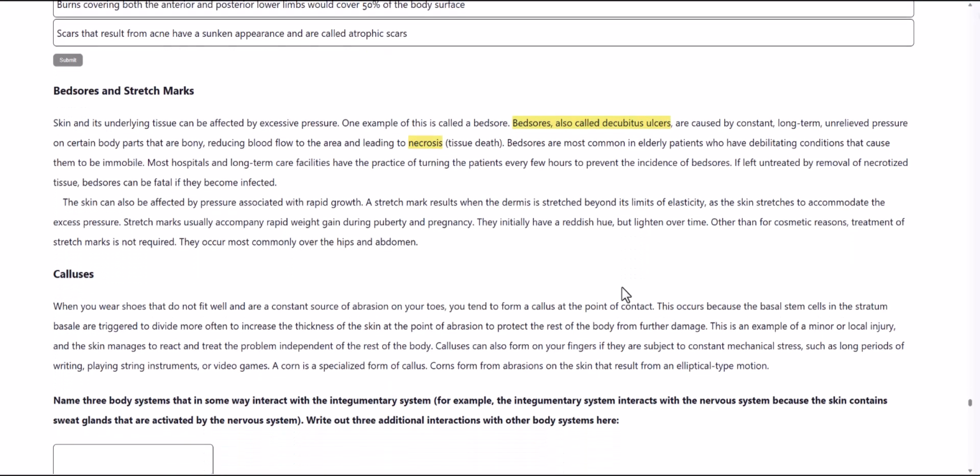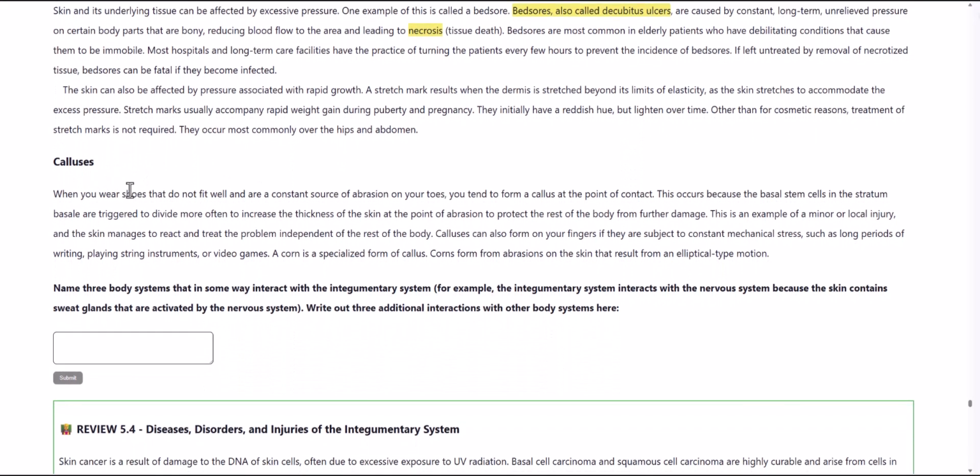And then finally, if you are constantly rubbing on your skin, like your shoes are not fitting well, and you're rubbing on your heel, you can get a callus. It's basically a thickening area of the stratum corneum. It is thought to be a protective mechanism, right?